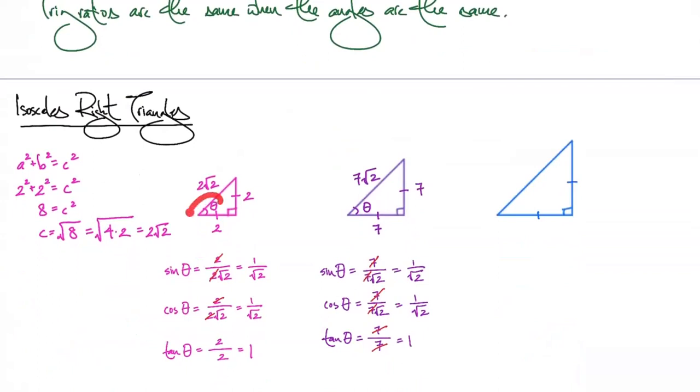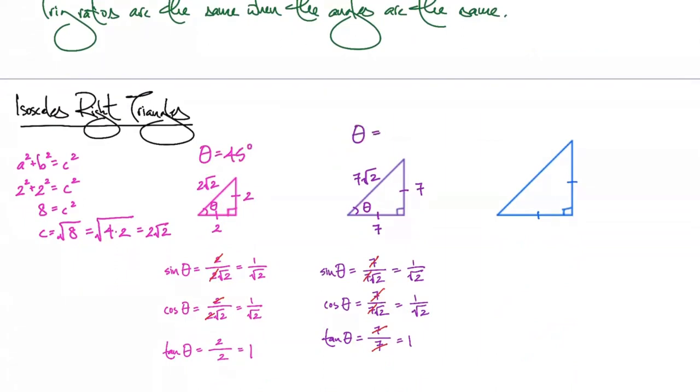Out of curiosity, does anyone know how big theta is in the pink triangle? That is correct. Theta here is 45 degrees.